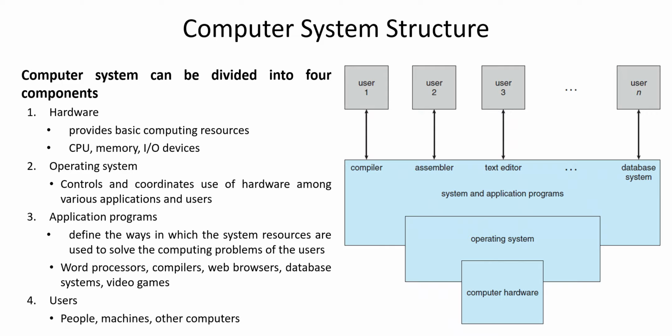Think word processors, compilers, web browsers, database systems, and even video games. And fourth, users, which could be people, machines, or even other computers making requests. Together, these four components form the complete picture of a computer system, with the operating system sitting right in the middle, coordinating everything.